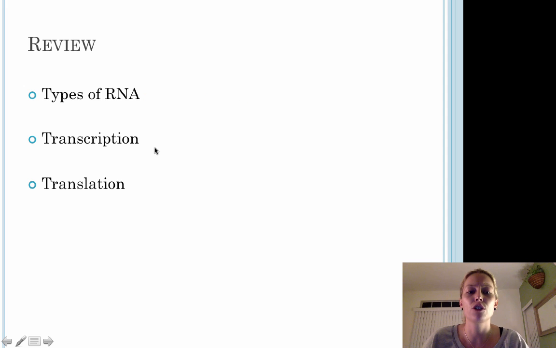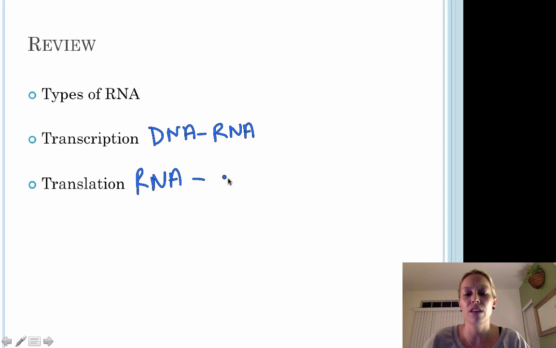You should also be familiar with the steps of transcription and translation. Know that transcription is when we rewrite DNA into RNA, and translation is when we take RNA and translate it into the language of protein, or amino acids.